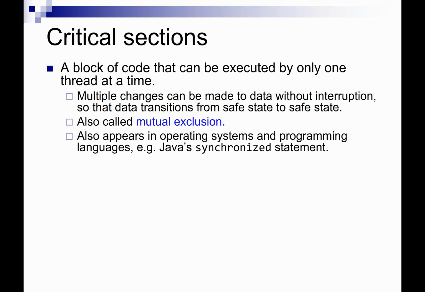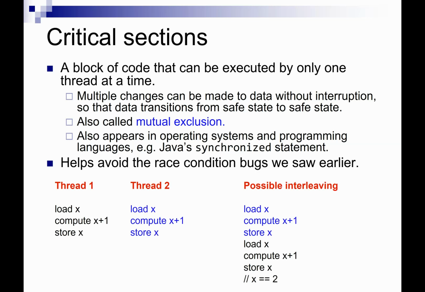There are many ways to use critical sections. For example, Java has synchronized statements, and they implement critical sections. Many other programming languages and operating systems also have ways for the programmer to use critical sections. The critical section helps you avoid the race condition bugs that we saw. For example, we were trying to increment a value, which consisted of several operations.